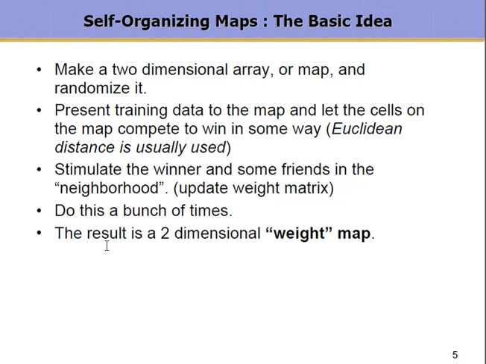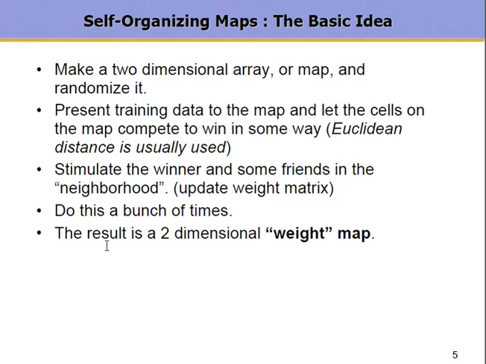The basic idea behind a self-organizing map is that we make a two-dimensional array or a matrix or a map. You can call it with any name, but the basic idea is that we need to create such a grid and we randomize it. Then we present training data to the map and let the cells on the map compete to win in some way.